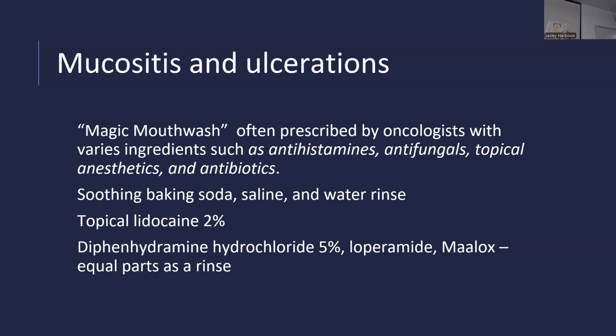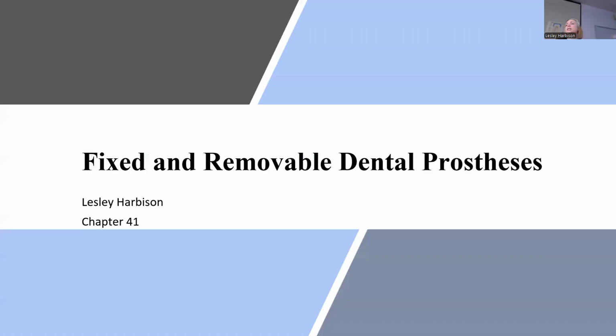If there is a lot of pain, obviously you can have lidocaine added or some kind of topical analgesic. Milk of magnesia is another one because that has kind of a coating, and so sometimes that's also recommended. But a lot of these concoctions are not recommended because they have too many other ingredients that could be irritating. Okay, good. I think we're on a pretty good track.